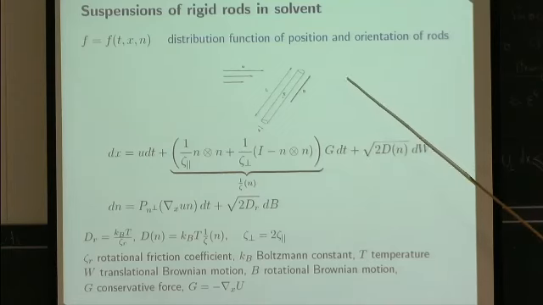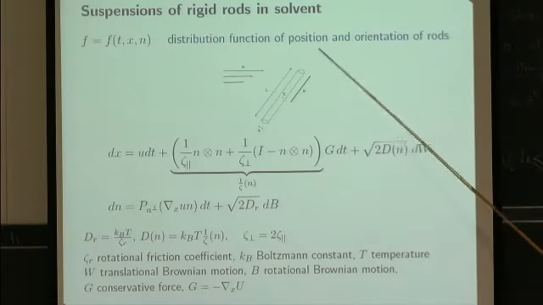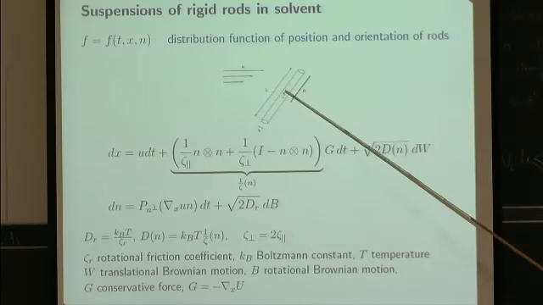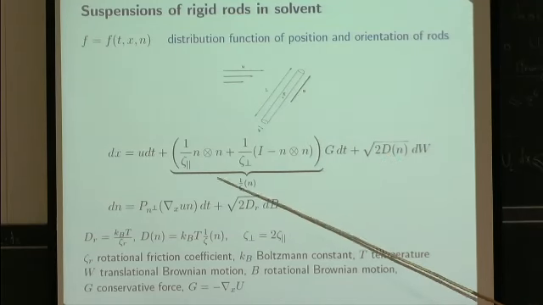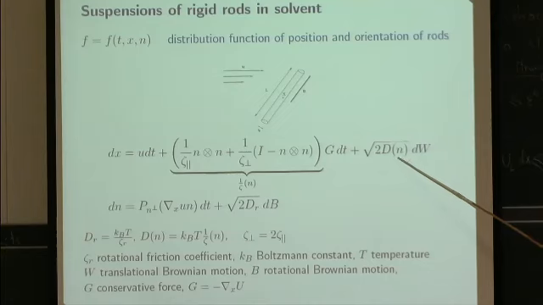Now, I'm interested in general in the case that you have also some applied force, because these particles have different friction coefficients in the direction of the motion and in the direction perpendicular to the particle, so you have to include a term like that to account for this. And you have to include also a diffusion that is a function of the orientation as well.